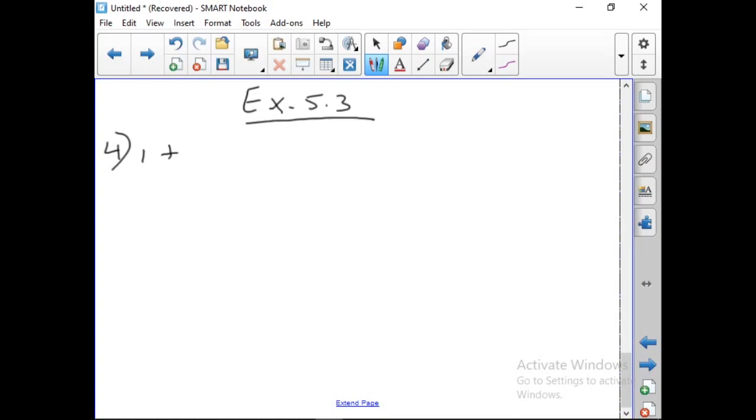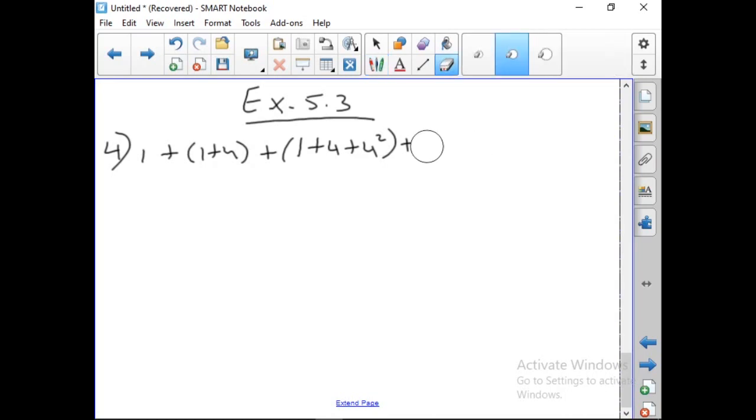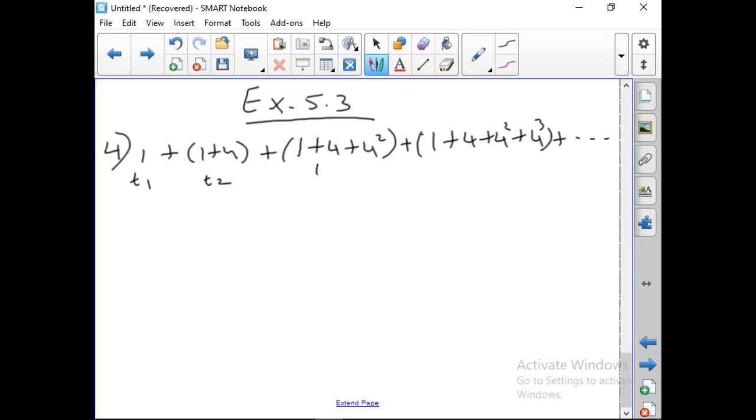1 plus 1 plus 4 plus 1 plus 4 plus 4 square plus etc. Okay, third term is 1 plus 4 plus 4 square plus 4 cube plus etc. Okay, so here this is T1, this is T2, T3, T4.